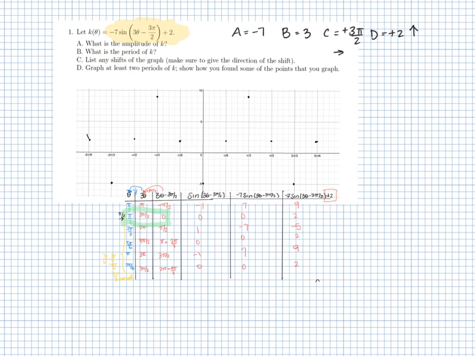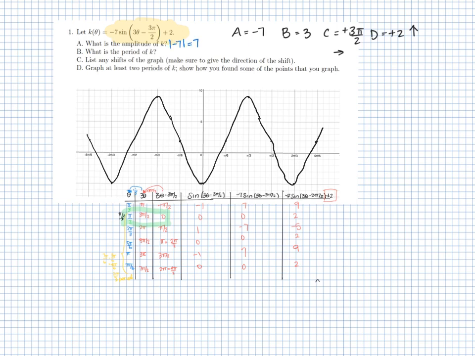And now I can sketch in my curve. I've also answered most of the questions that were asked up here. The amplitude is the absolute value of negative 7, which is 7.